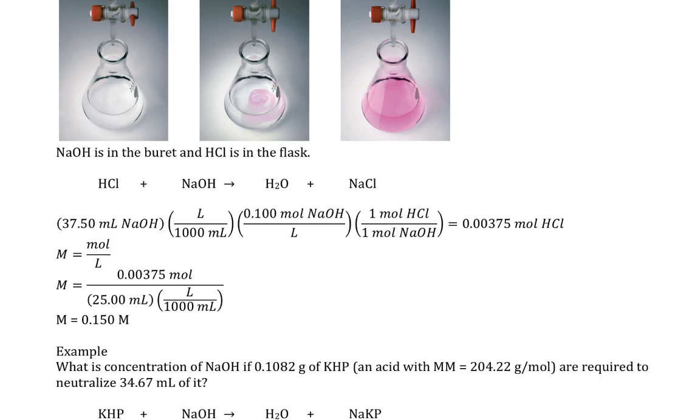Molarity is moles per liter, so we take those moles and we divide by the liters of the HCl. Remember, there were 25.00 mLs of it, so we have to convert that to liters. Divide that all into the moles, and we get that the original molarity of the HCl was 0.150 molar.